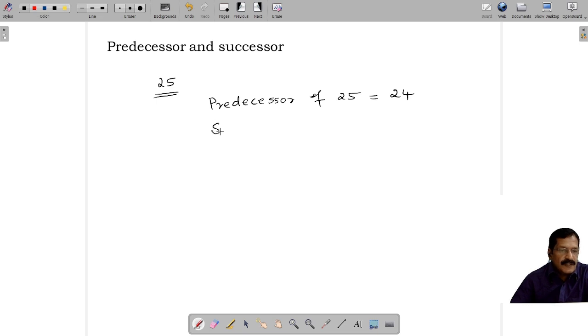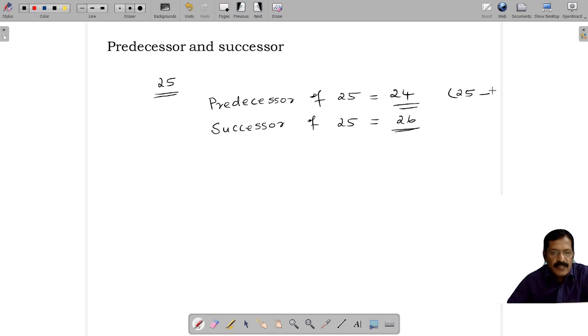Now, what about the successor of 25? Just add 1 to 25, and that is 26. So, the predecessor of 25 is 25 minus 1. The successor of 25 is 25 plus 1.